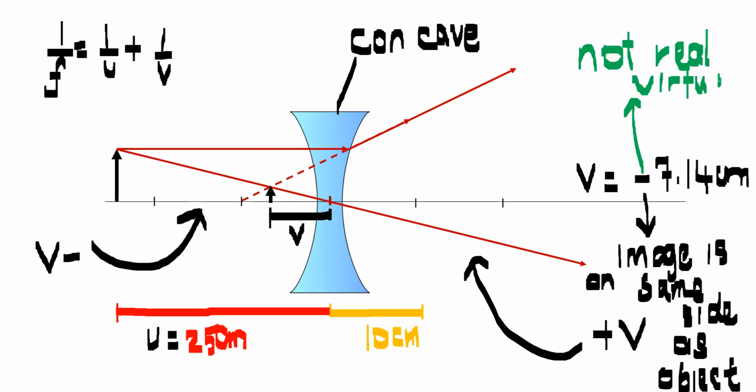It can only be seen by our eyes, but cannot be formed on a screen. Can you follow? So the negative here has two meanings for the V value. Negative means it's not a real image, it's virtual.